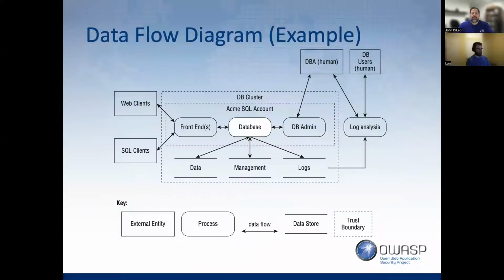I'm not even really going to talk about this diagram, but you can see that we've represented a few processes, a couple of external actors, and 3 different data stores. For the purpose of thinking about threats to this database account, this was the level of modeling that was selected. You can see that the data flow arrows can be single or double-ended depending on whether the data flows in one direction or not.